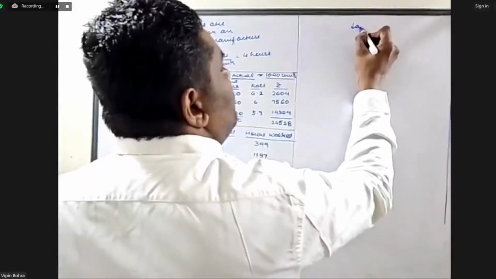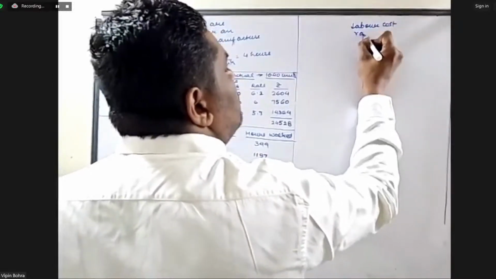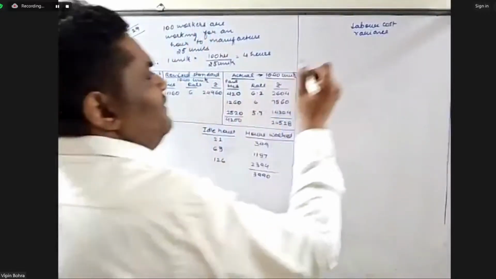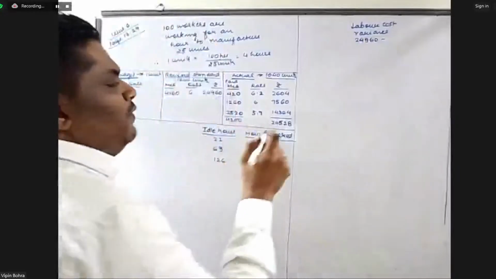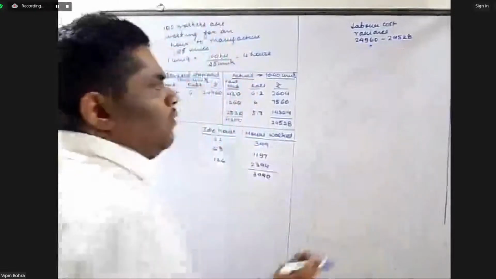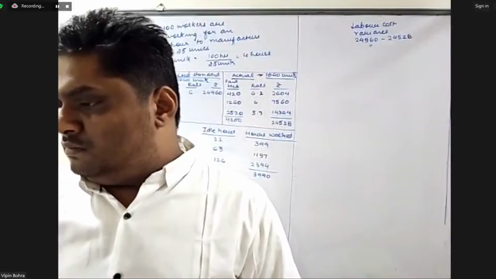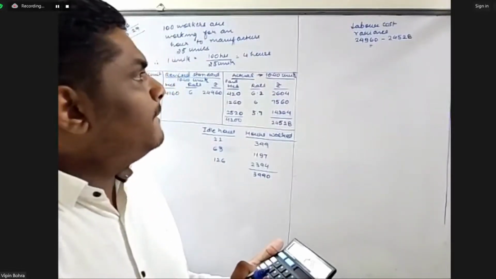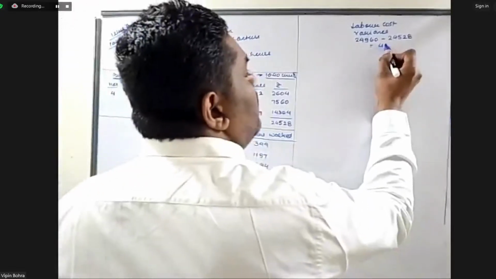The first one is labor cost variance, that is 24,960 minus 24,528.